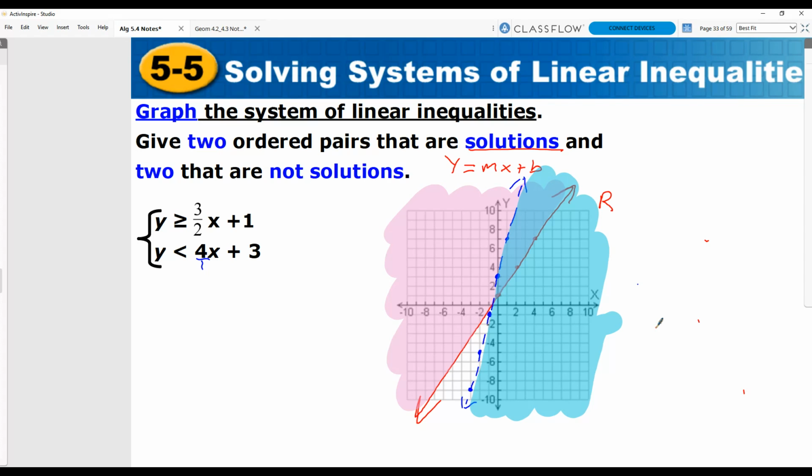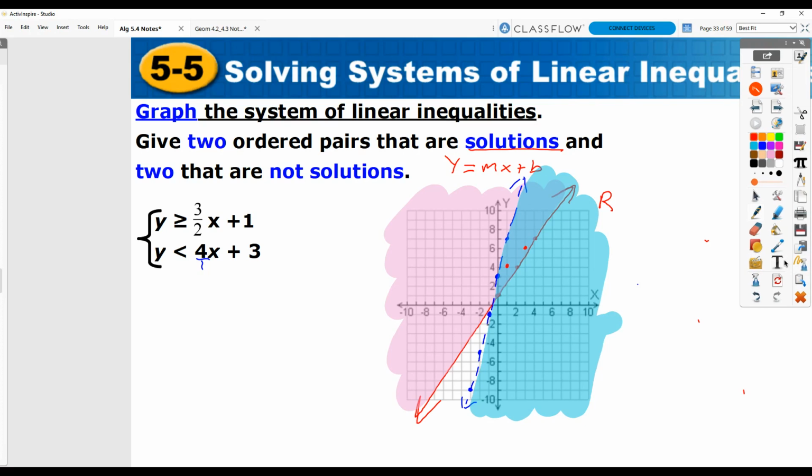So if I want to name two ordered pairs that are solutions, I would just pick any 2 points that are within this region. It doesn't matter what 2 points you pick, you just want to pick any 2 points in that region. All right, so let's go ahead and name some solutions here. So we'll say yes for solutions.